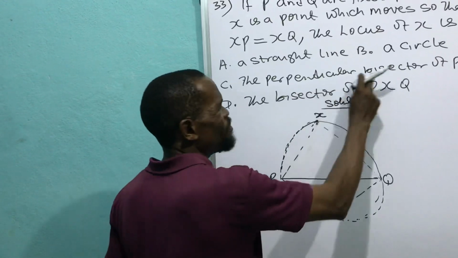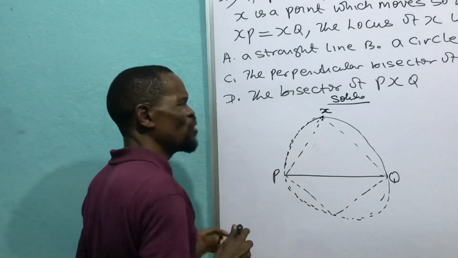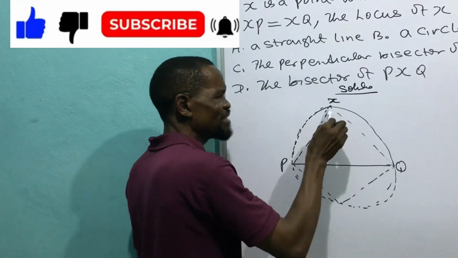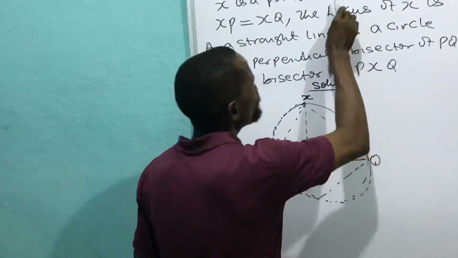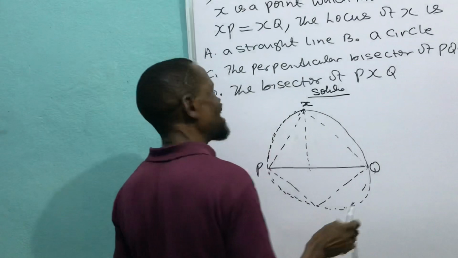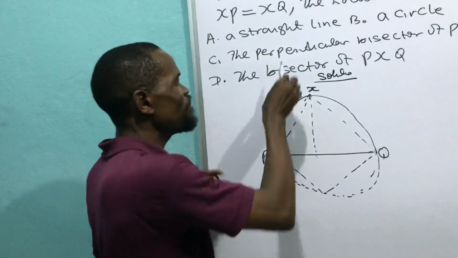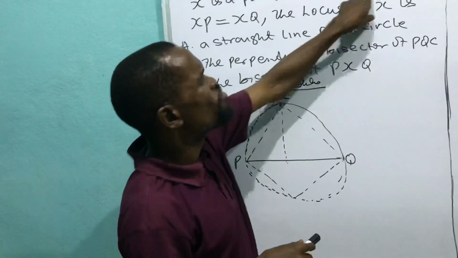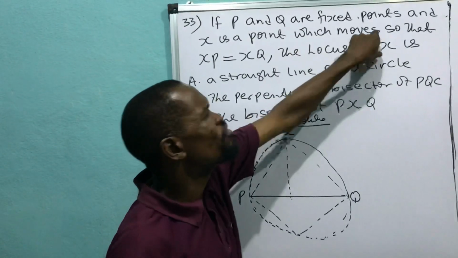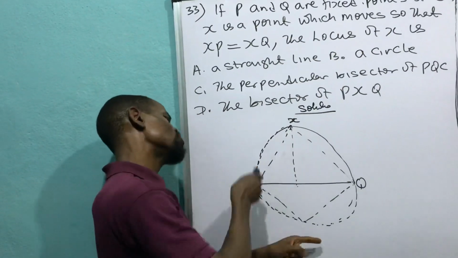The perpendicular bisector of the line? No, it cannot be the perpendicular bisector. If it were a perpendicular bisector, nothing would be moving. But the question says it moves, and this movement is what makes it a circle.